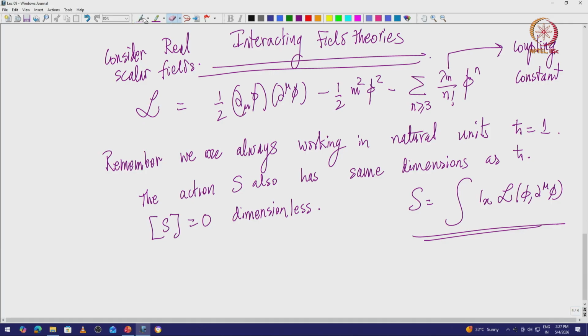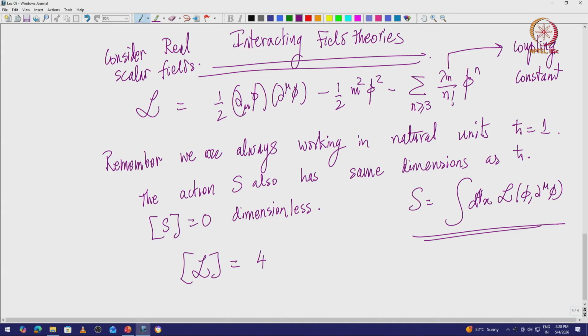I think this is a repetition. I must have covered it in the earlier classes, but not the interaction part. So the mass dimension of the Lagrangian should be 4.